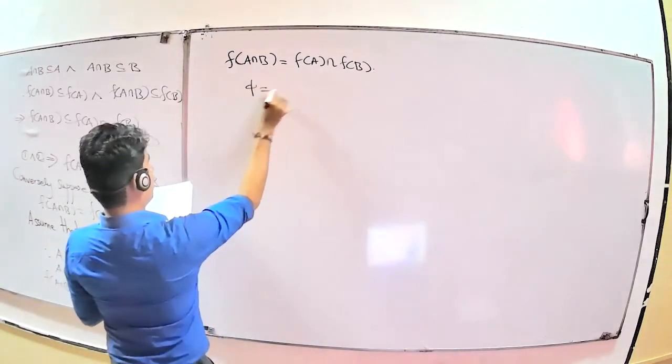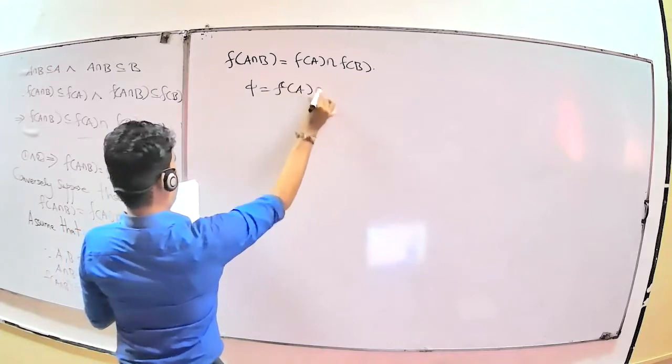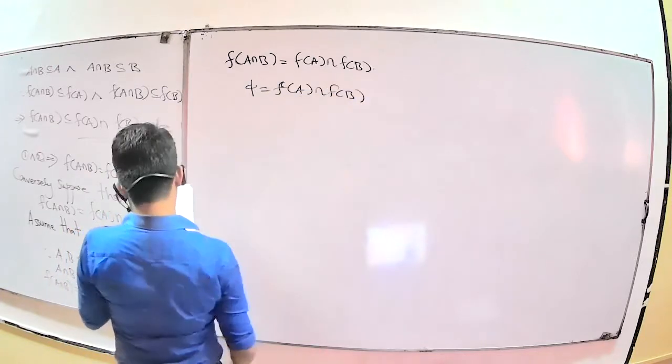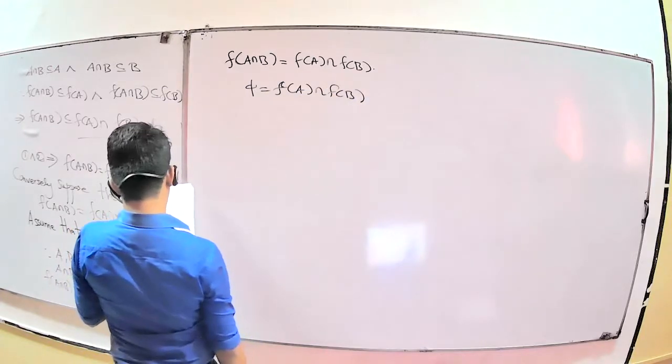Therefore, this empty set equals f of A intersection f of B. Right?